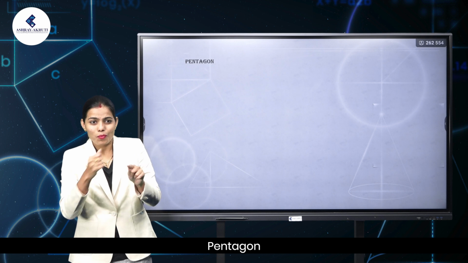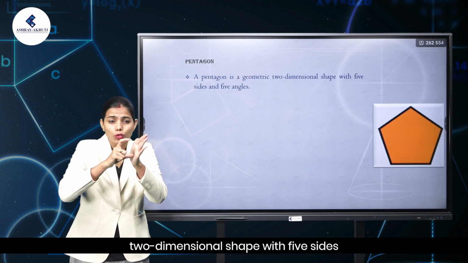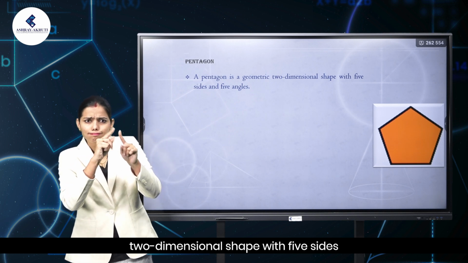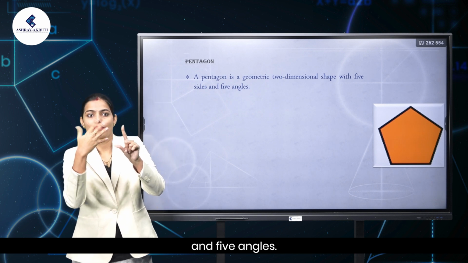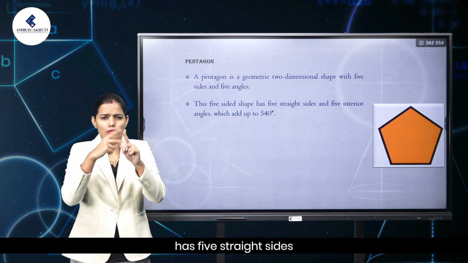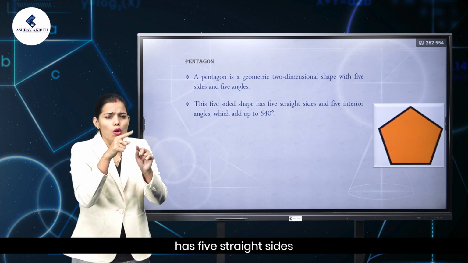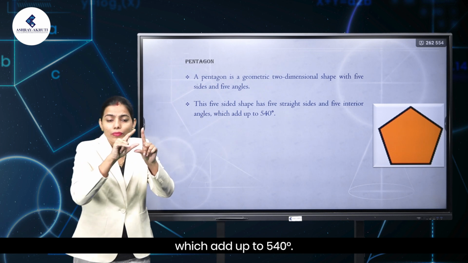Pentagon. A pentagon is a geometric 2-dimensional shape with 5 sides and 5 angles. This 5-sided shape has 5 straight sides and 5 interior angles which add up to 540 degrees.